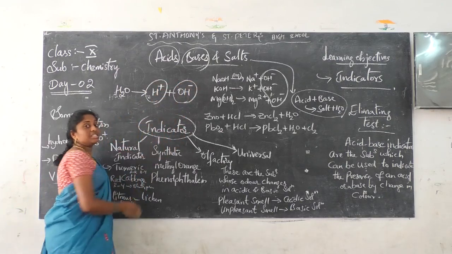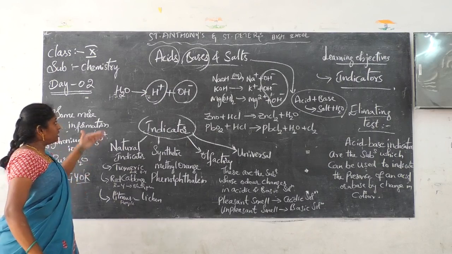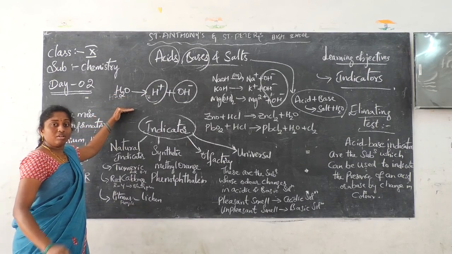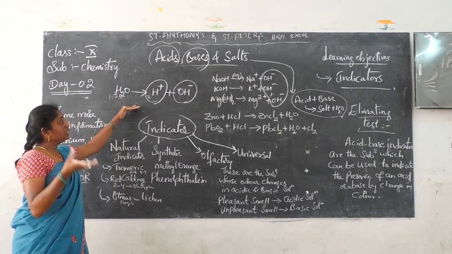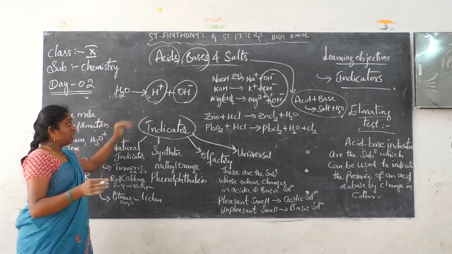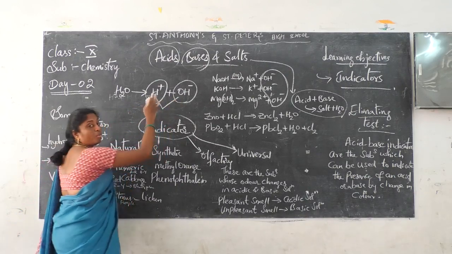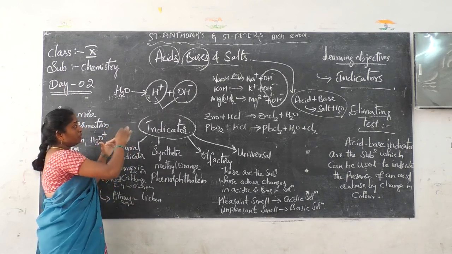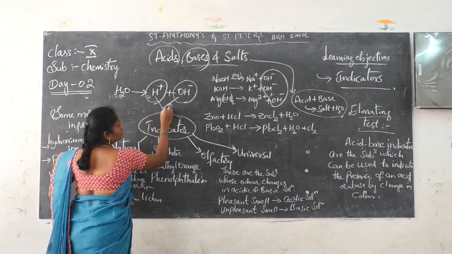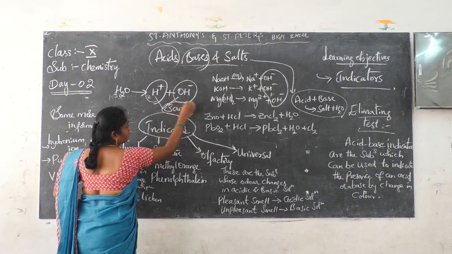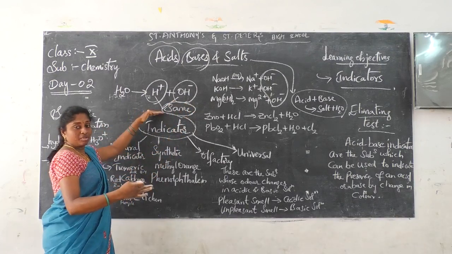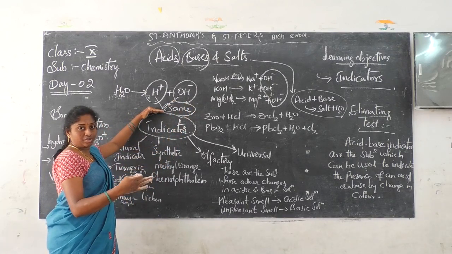OH minus indicates basic nature. It means that in pure water, acidic property is present and basic property is also present. But you can see both are neutral, which means both concentrations are the same. So it is constant in nature.